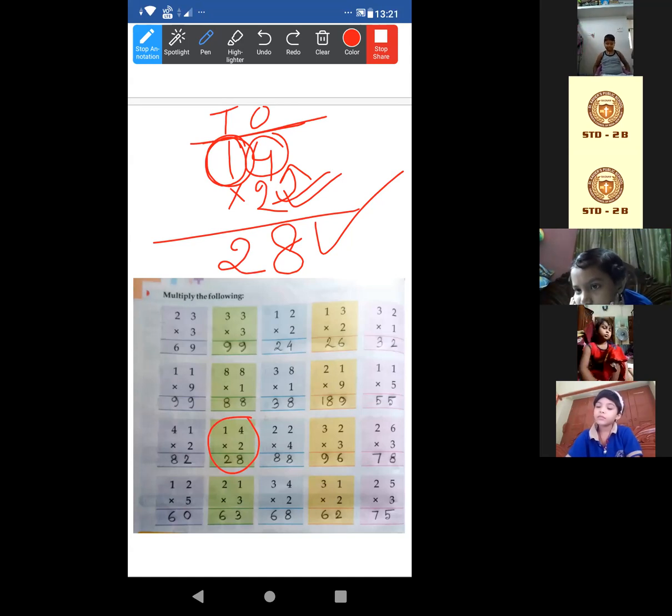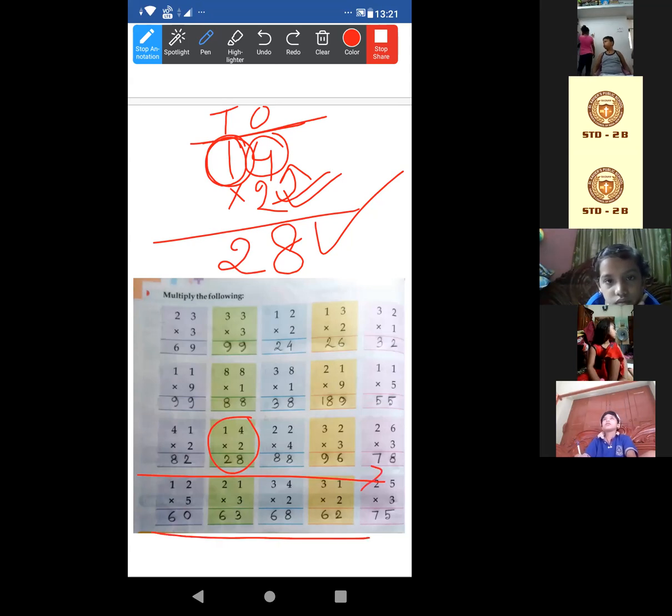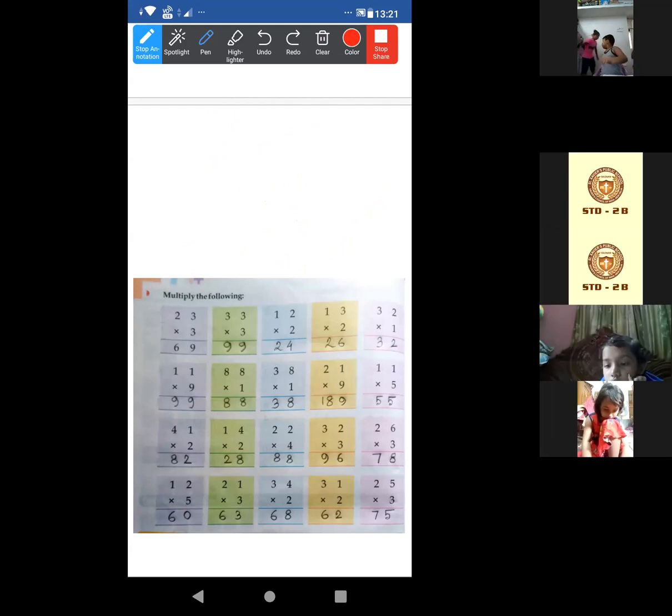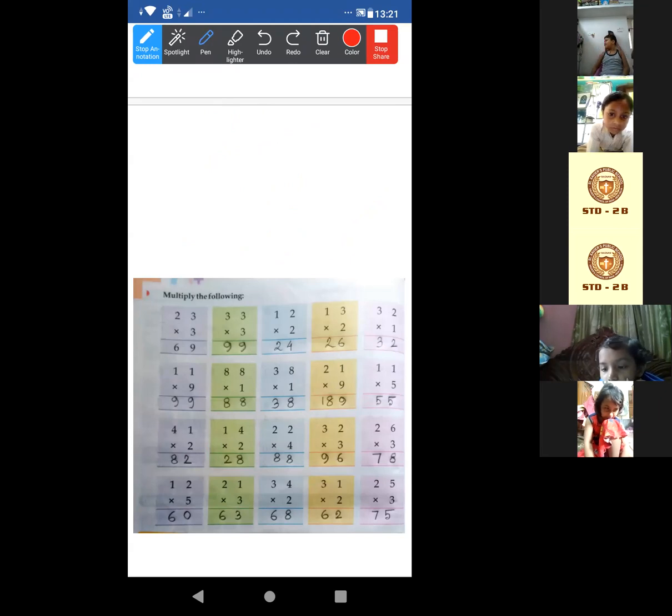Complete these two rows within 10 minutes. So write first. Then after this, you have to write some questions in your copy, which I'll give as extra problems. So complete this first.